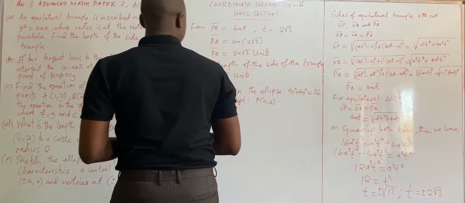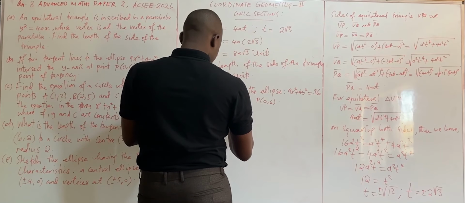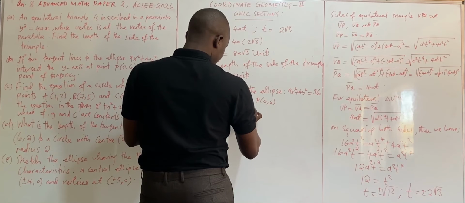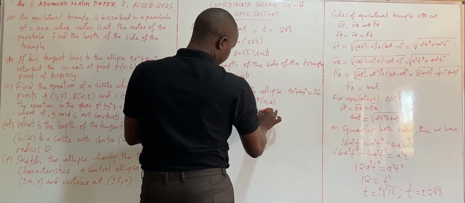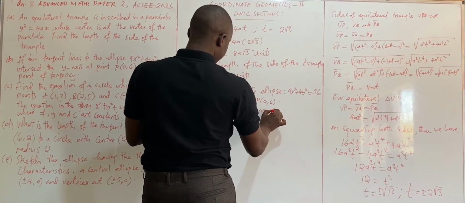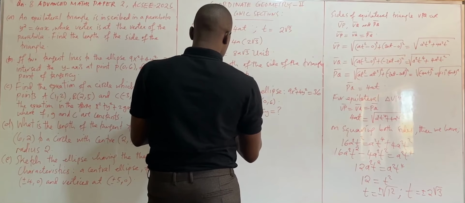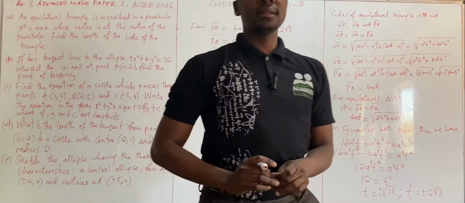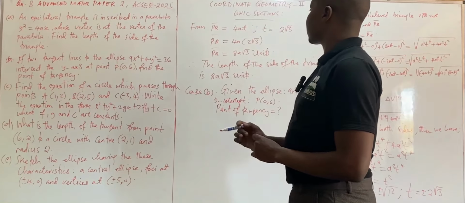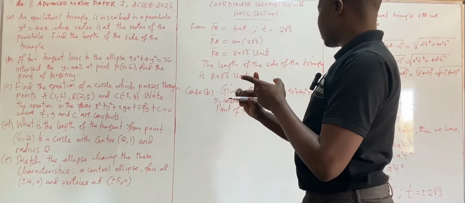Now find the points of tangents. The point of tangents means the point of contact between the tangent line and the conic section, the ellipse. Where do they meet?